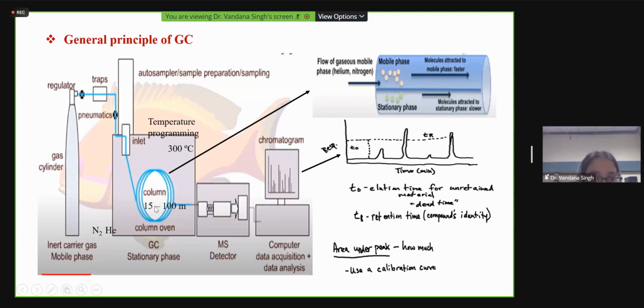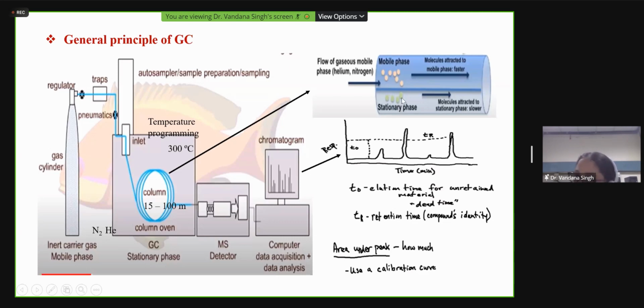The sample injected into this column contains different analytes, which must have different volatility or boiling points. They also have differential solubility in this liquid stationary phase. Obviously, an analyte with very high solubility in the liquid stationary phase will leave it very slowly.